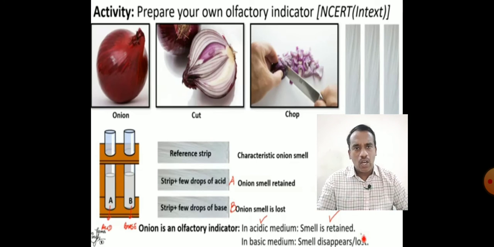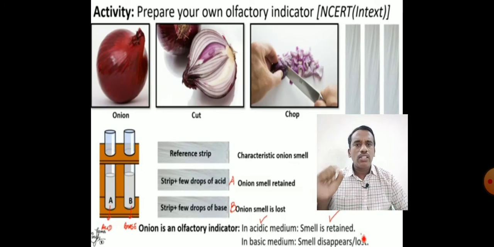On another cloth strip, we are going to add a few drops of acid. What are we going to add? A few drops of acid. On another cloth piece, we are going to add a few drops of base. I have taken 2 test tubes here. In test tube A, I have taken an acidic compound.